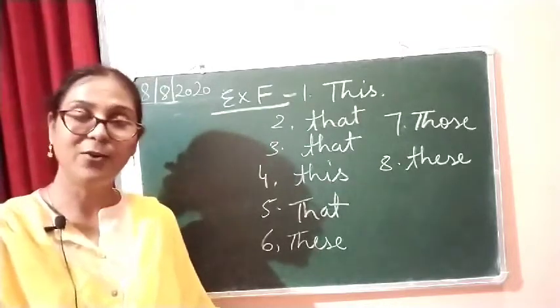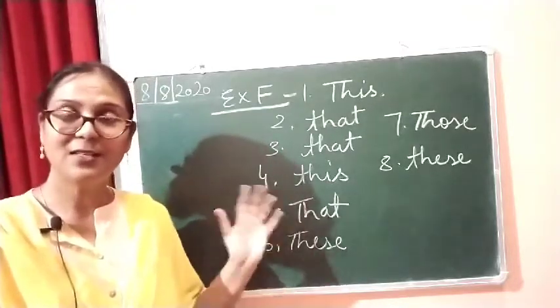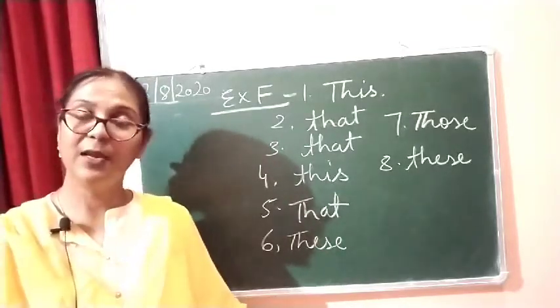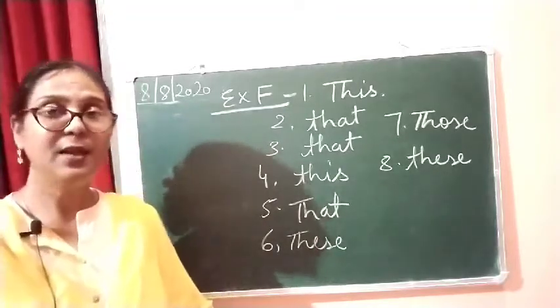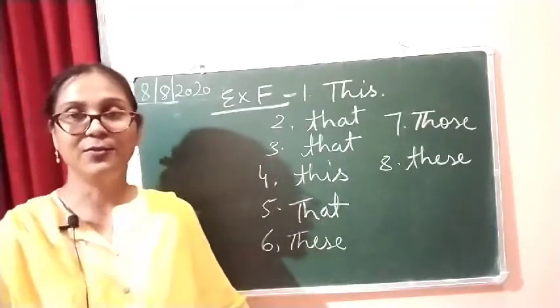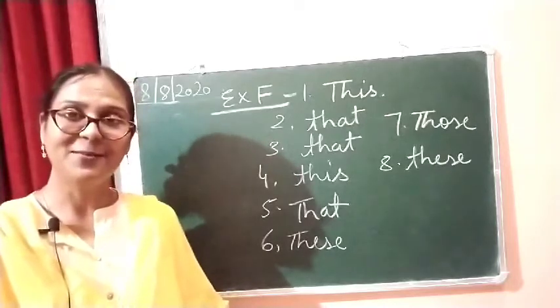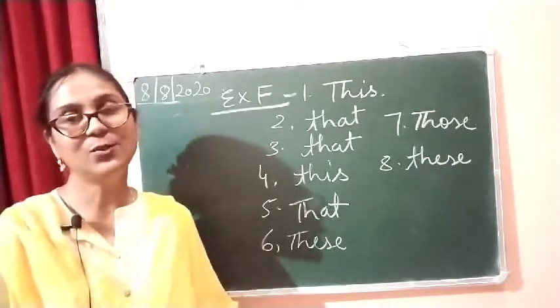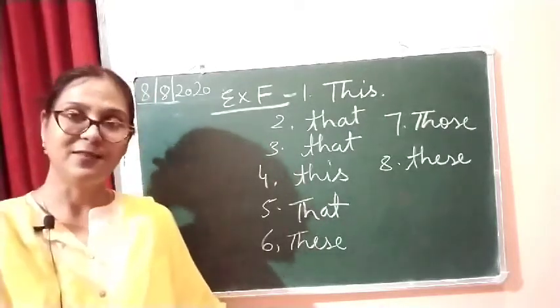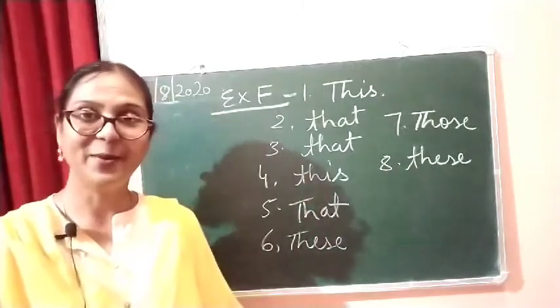So that's all for today. Just revise this chapter again and again. We will be continuing this chapter in the next video also, because we have to discuss the next determiner, which is possessive. So till then, bye bye and take care.